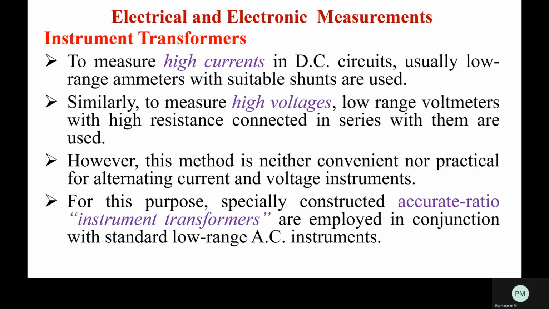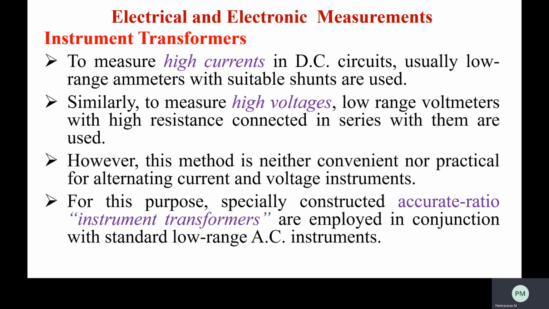Similarly, to measure high voltages, low range voltmeters with high resistance connected in series with them are generally used.